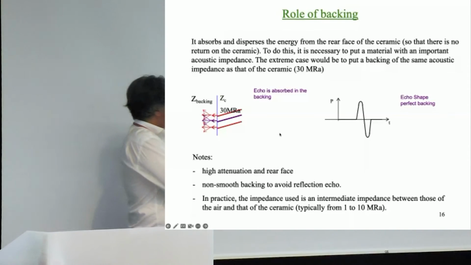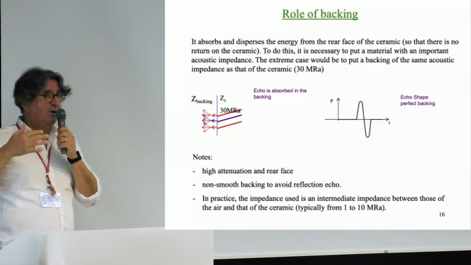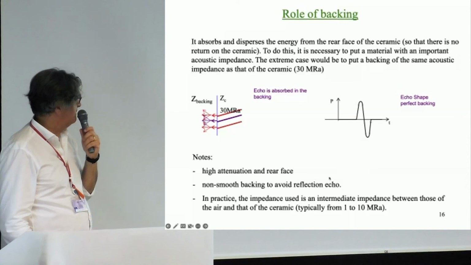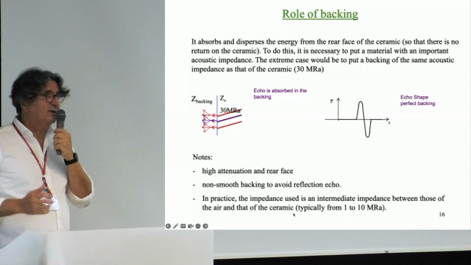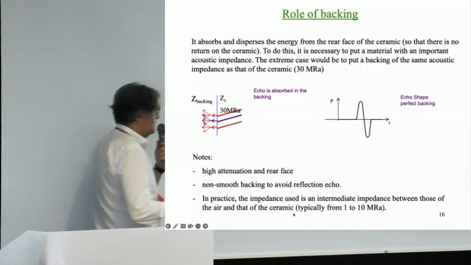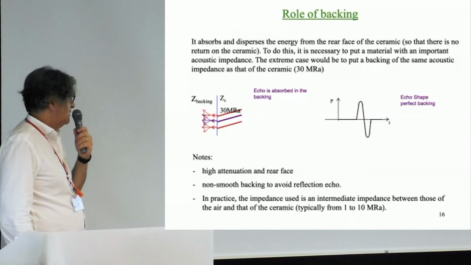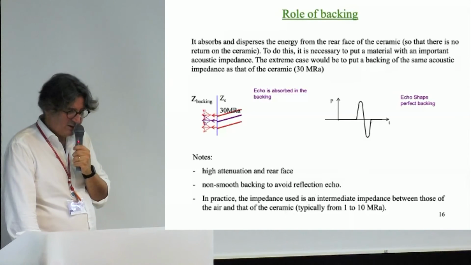Ideally, if we have a backing having the same impedance as the ceramic, all the energy that arrives on the rear face is absorbed, and we have a single, perfect echo shape like this. Okay. In practice, the impedance is intermediate between that of the ceramic and the propagation medium, and that of air. Typically between 1 and 10 megarayls, but it can be higher.